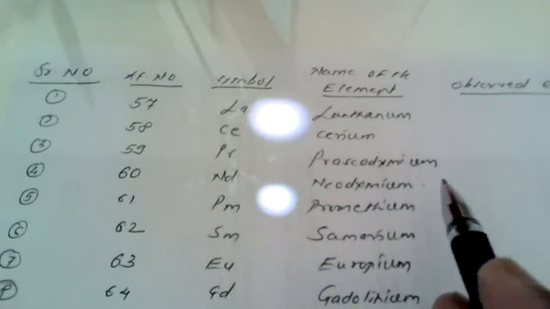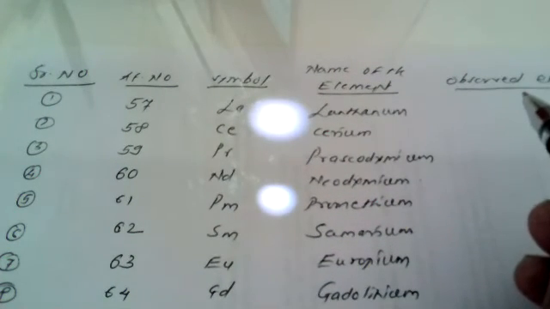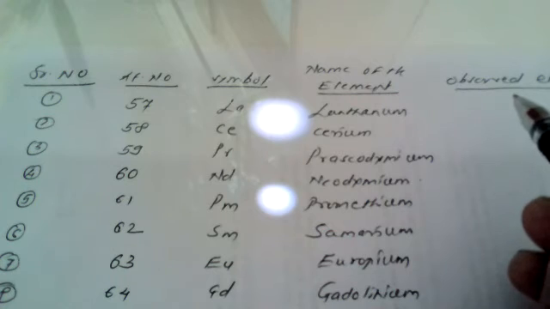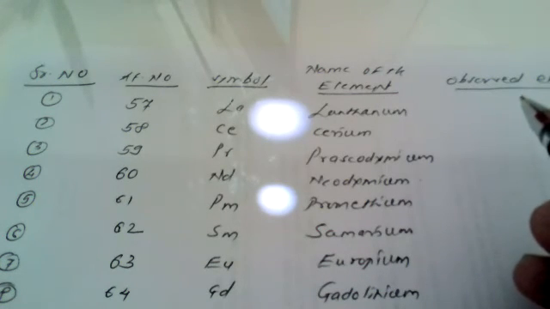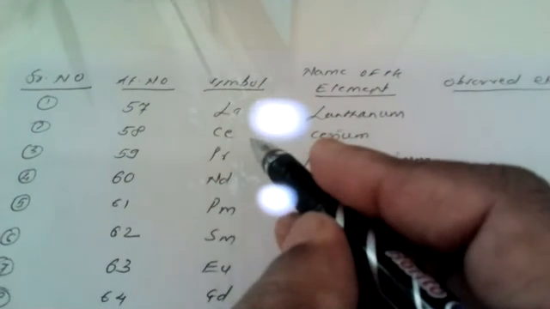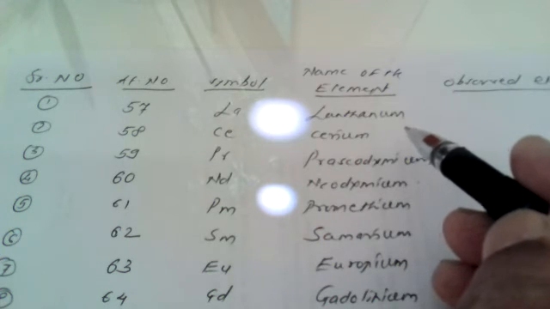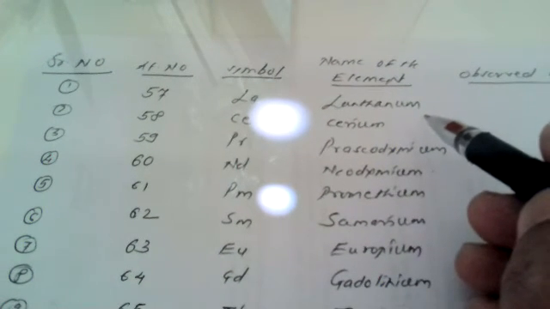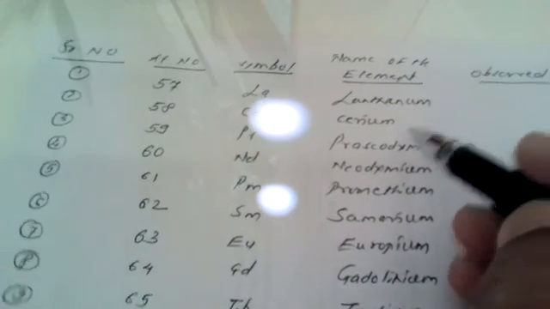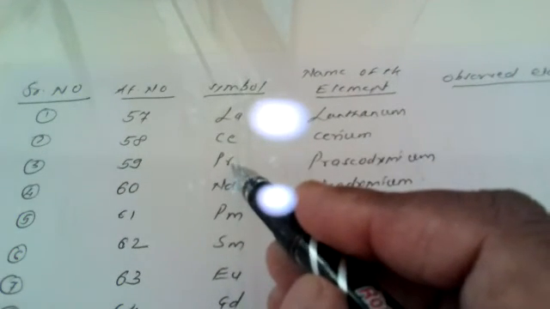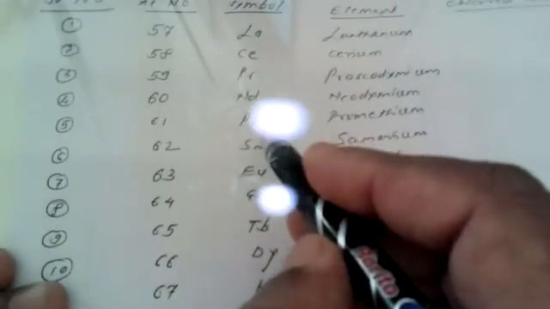Now the first job of all of you is that you have to learn the series by heart. While making the series perfect, you should be very well familiar with the symbols and the names of the elements too, because sometimes the symbols and names may be confusing. For example, here I have written praseodymium and one more element having the name promethium.